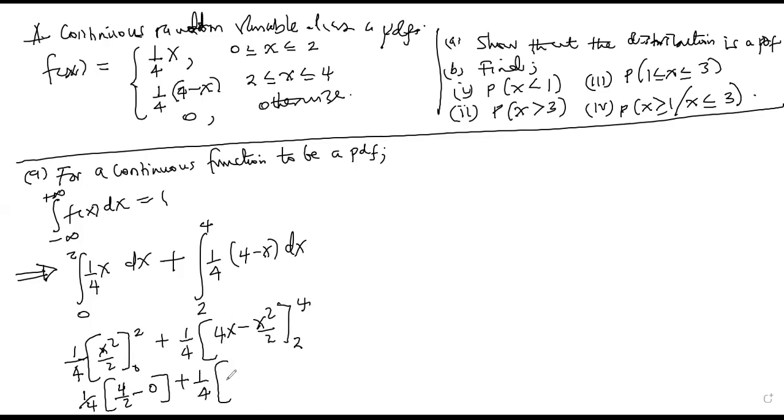First substitute a 4: 4x is 16, minus 4 squared, 16 over 2, that is 8. Then minus, you substitute a 2, it will be 8, minus 2 squared, that is 4 over 2, that is 2.